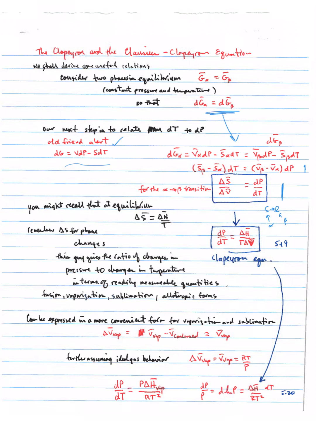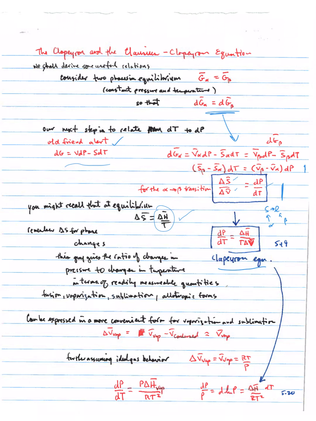So the difference in the molar entropy divided by the difference in the molar volume is equal to this partial, dP by dT. Now you might recall that at equilibrium, we defined this when we defined what entropy was back in the entropy chapter. So if you swap in delta H bar over T for delta S, you generate this equation. It's called the Clapeyron equation.